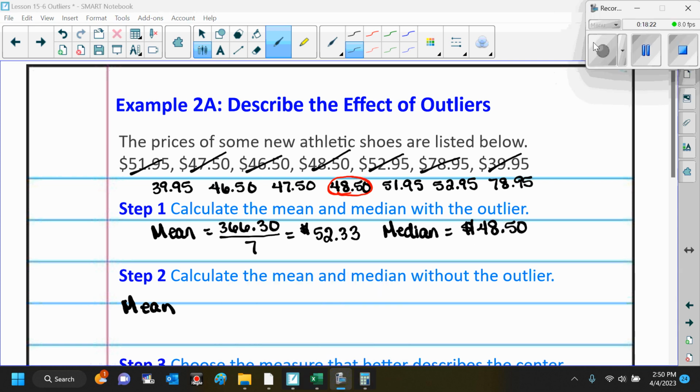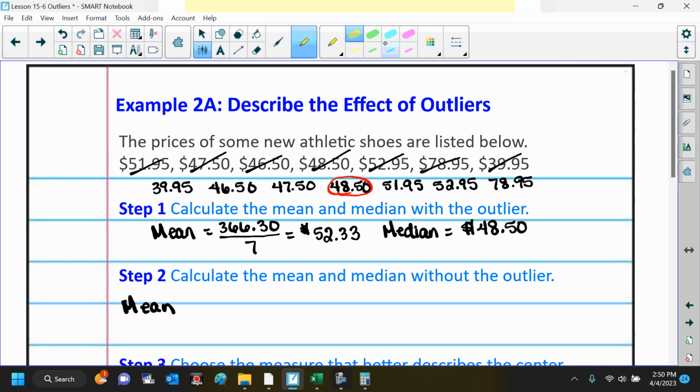I forgot to tell you that in this problem, I was supposed to tell you what the outlier was. In this problem, the outlier is $78.95. So this is the mean with that outlier in there, and the median with the outlier in there. Okay? So now we want to calculate the mean and the median without the outlier.